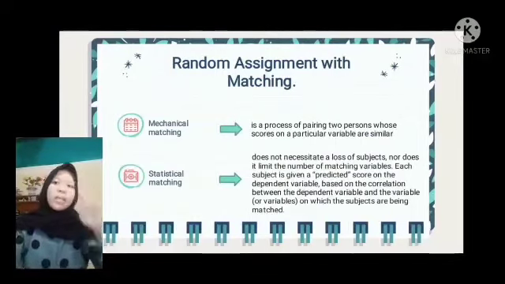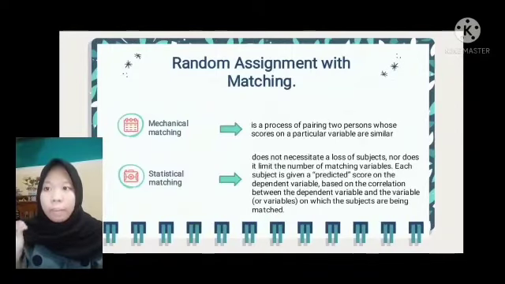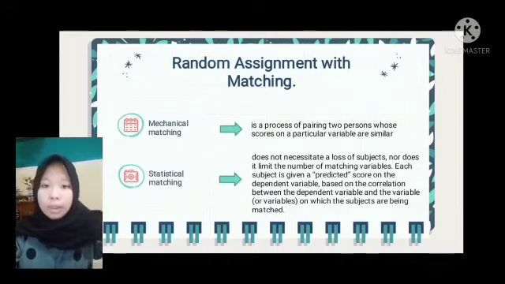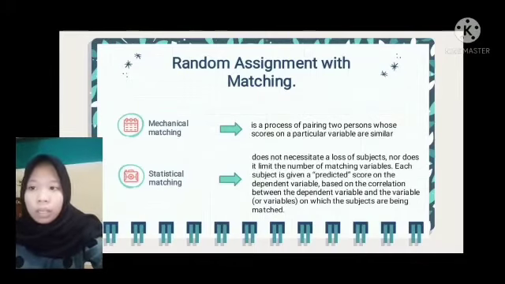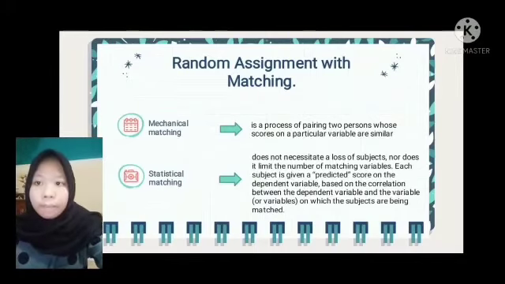So in random assignment with matching, there are two kinds of matching in here. The first one is mechanical matching. The second one is statistical matching. Mechanical matching is the process of pairing two persons whose scores on a particular variable are similar. And then the next is statistical matching.